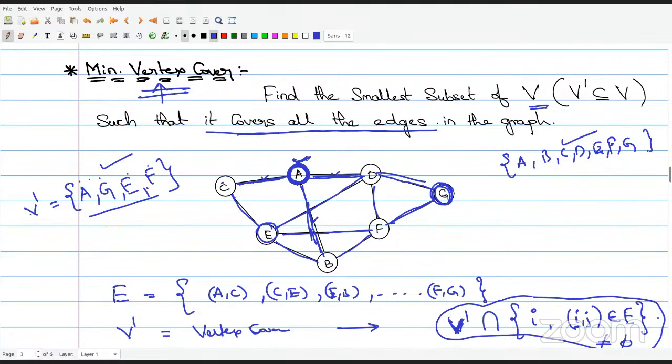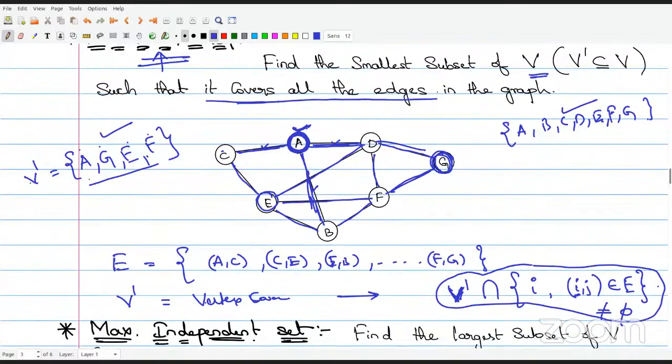E and F, and D also. So start picking from any one of them. You can pick E or F or D. Any of them will give you the result.